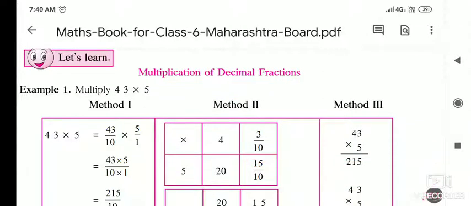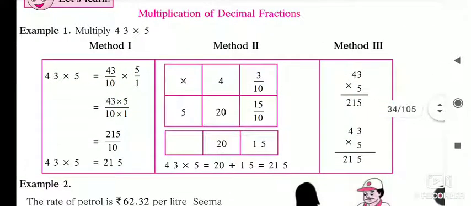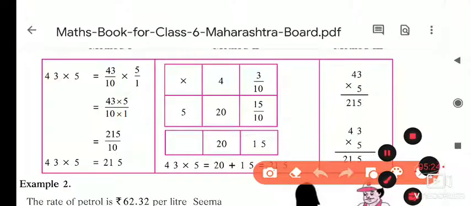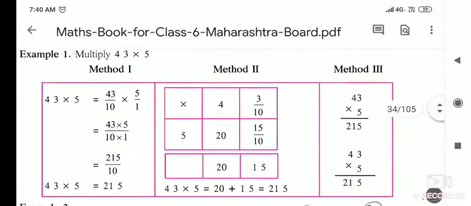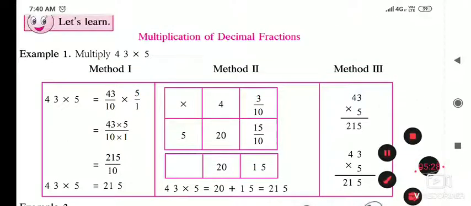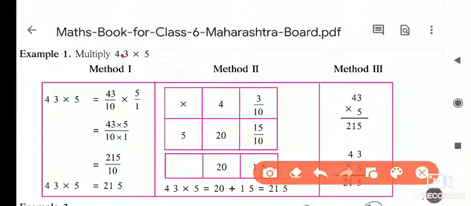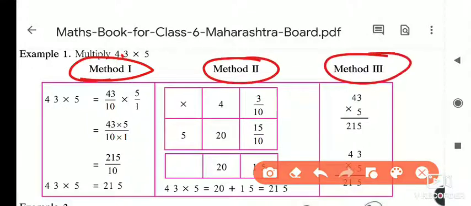We will see one example which is solved here already. The question is 4.3 into 5. Here they gave three methods: 1, 2, and this is the third method.